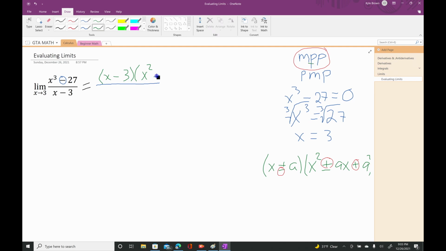Now we're going to multiply these two terms together. We're going to multiply x, and then we're going to multiply 3. But please remember to keep the sign that we used in this part of the problem. So then we get here. I'll make this line a little bit longer.